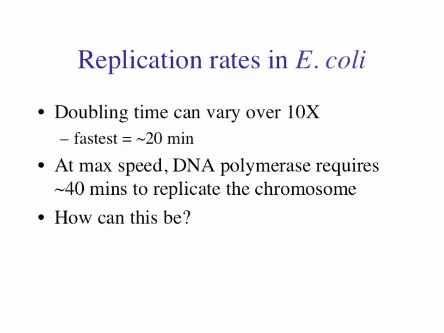But the enzyme is only able to replicate the chromosome, depending on the strain, in about 40 minutes. I see some papers that talk about it taking 115 minutes to replicate the entire chromosome. So how can a bacteria that is dividing every 20 minutes divide its genome every 40 minutes, for example?